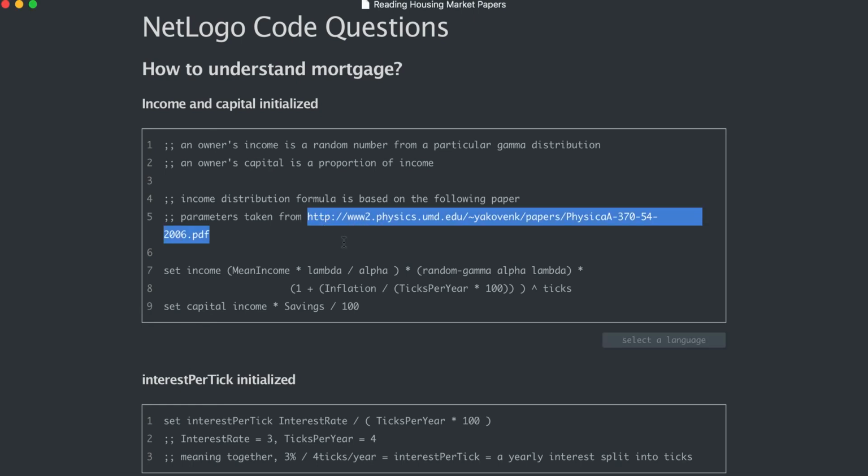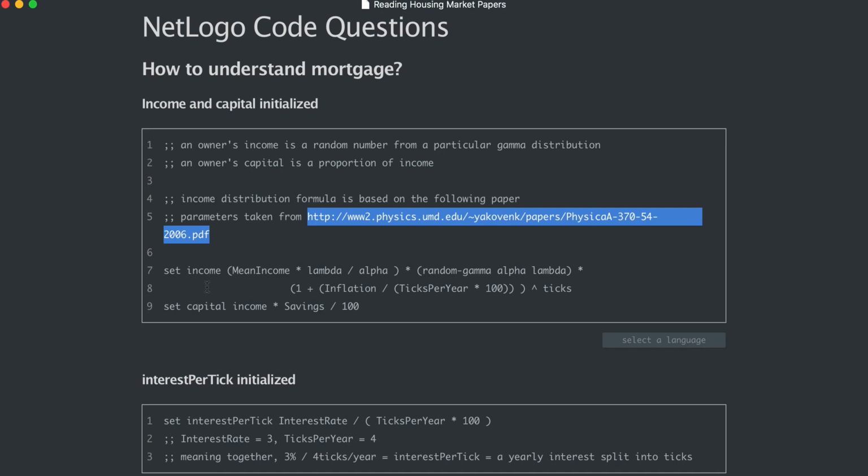In the paper, the author says they have 2006 Australia income data, and they tried a few distributions to match that data, and eventually the author of this model selected the gamma distribution, and the key parameters right here are all used from that paper.